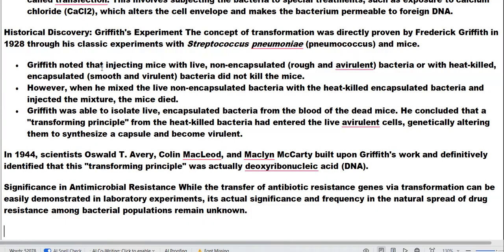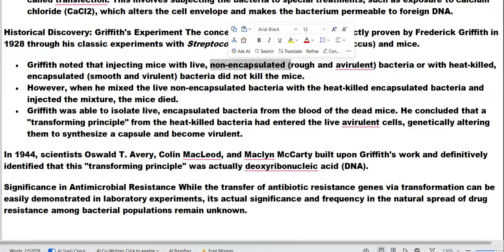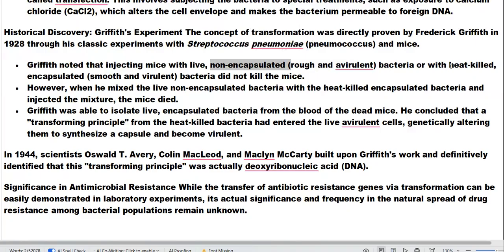Griffith experiment of transformation. Griffith noted that injecting mice with live non-encapsulated bacteria, or with heat-killed encapsulated bacteria, did not kill the mice. That means when we inject non-encapsulated live bacteria, the mice did not die. Heat-killed encapsulated bacteria, the mice did not die.